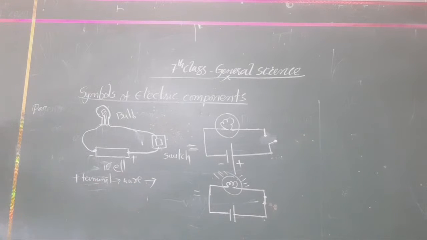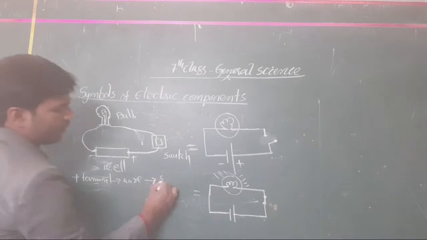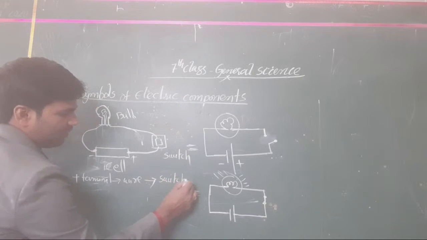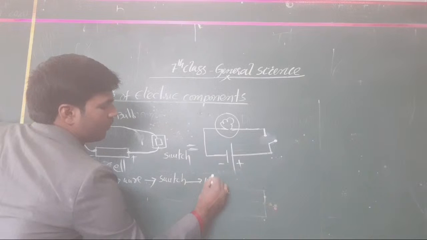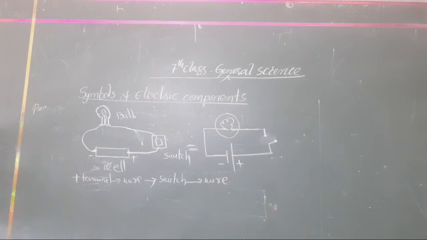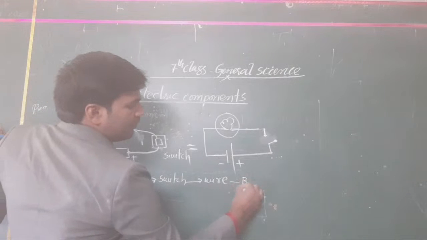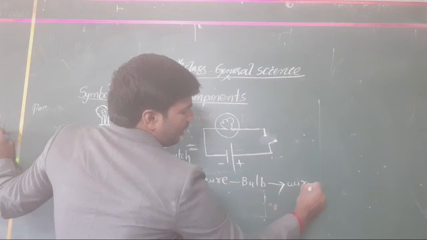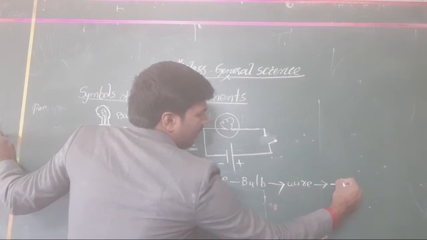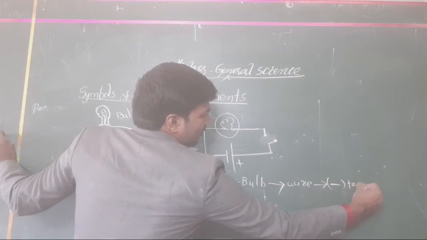That wire is connected to the switch, and the switch is again connected to one more wire, and then next it is connected to the bulb. The bulb is connected to one more wire, and that is connected to the negative terminal of the battery.